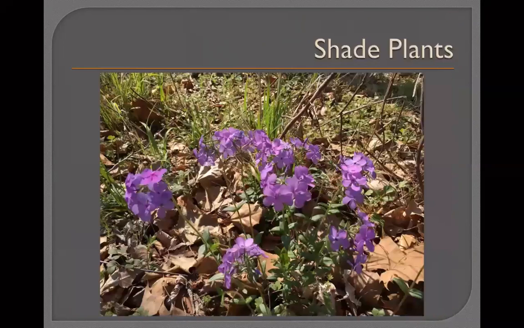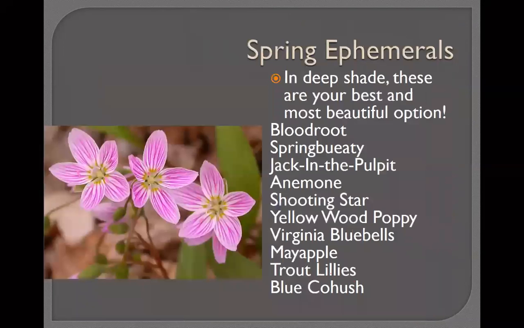So quickly, some shade plants. This is woodland phlox. Some of the spring ephemerals. One of the difficulties that we have with growing shade here in south central Kansas is that you have to think about what was originally here. Essentially, you're trying to grow shade plants in an area that was predominantly prairie plants, so not as deep rooted, not as consistently moist as you get in eastern Kansas even.